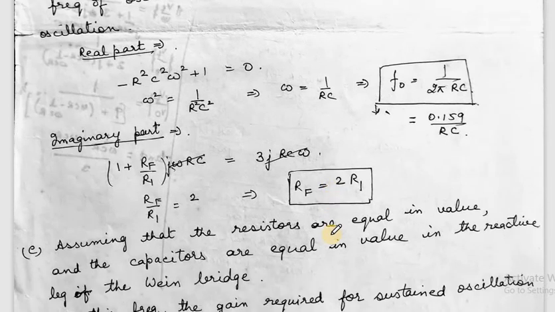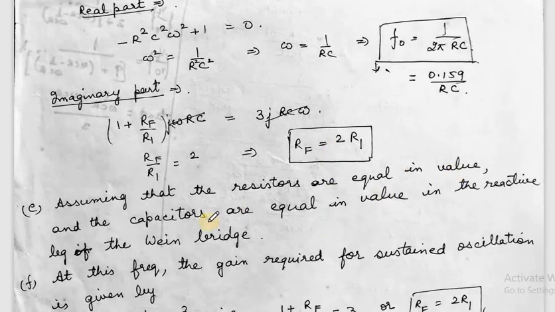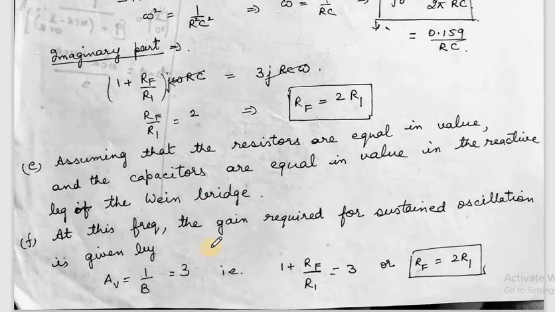If the resistors are taken equal in value and the capacitors are equal in value in the reactive leg of the Wien bridge oscillator, then at this frequency the gain required for sustained oscillation is given by A equals 1 by B equals 3, or 1 plus RF upon R1 equals 3, or we can write RF equals 2R1. These are written in different ways, but their meaning is the same.